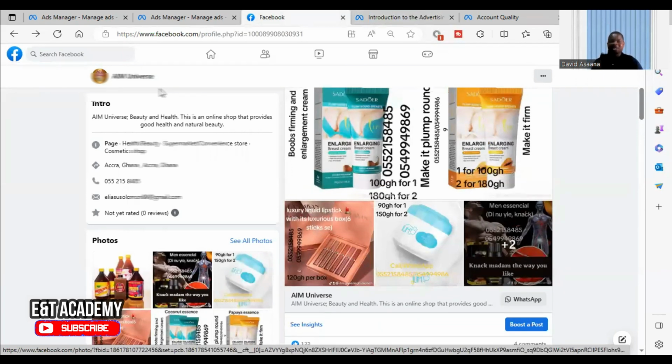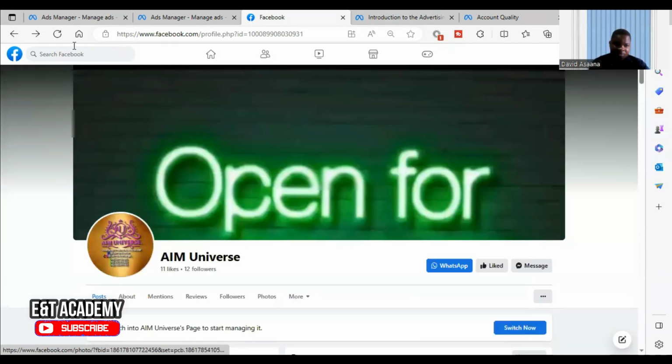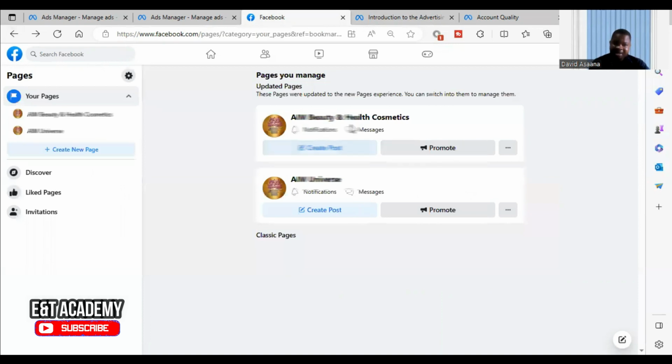Use a name that is totally different. It may be similar, but not exactly the same. For example, another name here is AIM Beauty and Health Cosmetics. This was MUniverse; this is AIM Beauty and Health Cosmetics. So it is a bit different, and the system will not see it as exactly the same as the one they disabled.